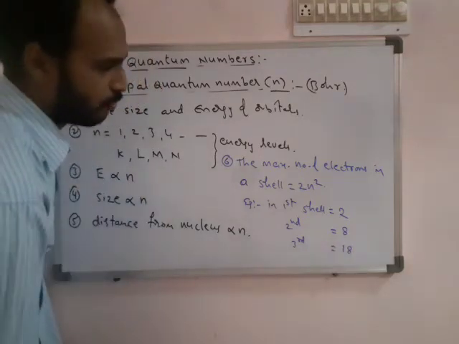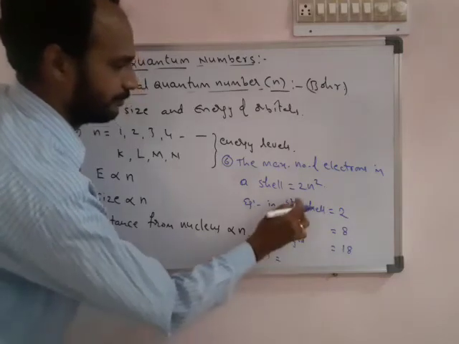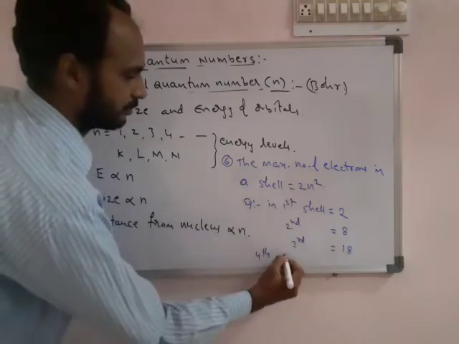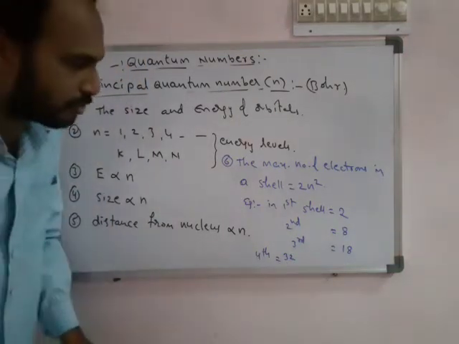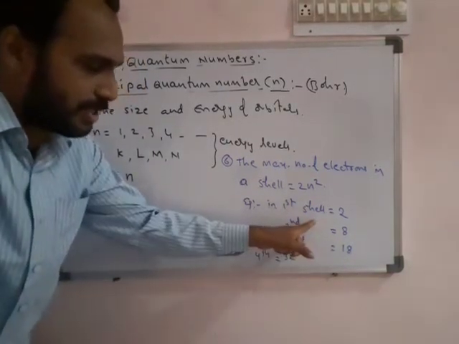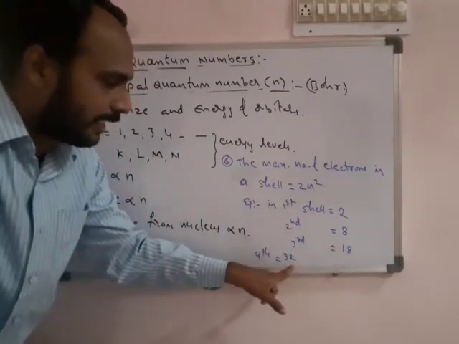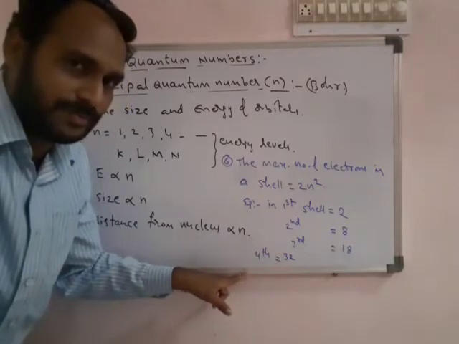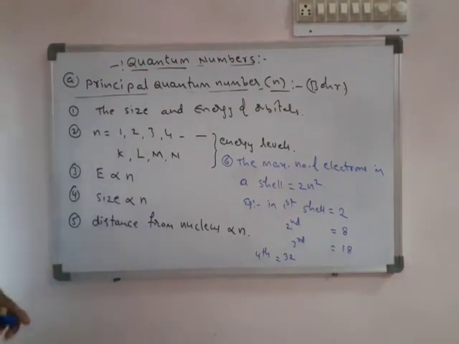In the fourth shell, 4 square, that is 32 electrons maximum. So 2 electrons in first shell, 8 in second, 18 in third, 32 in fourth. Okay, so this is the importance of the principal quantum number.